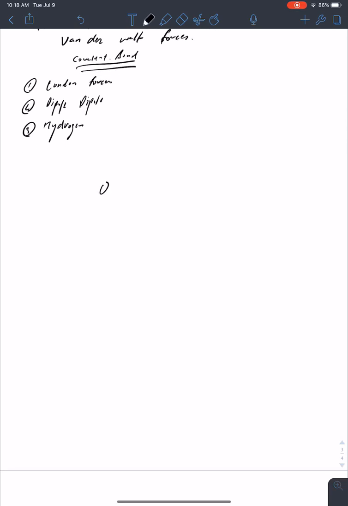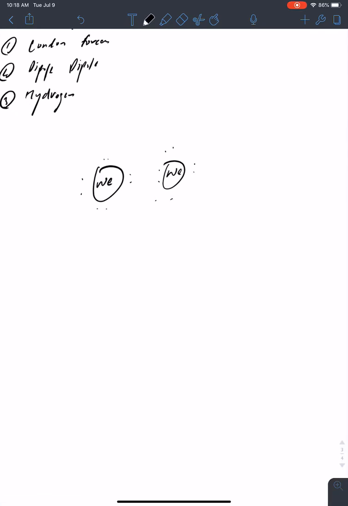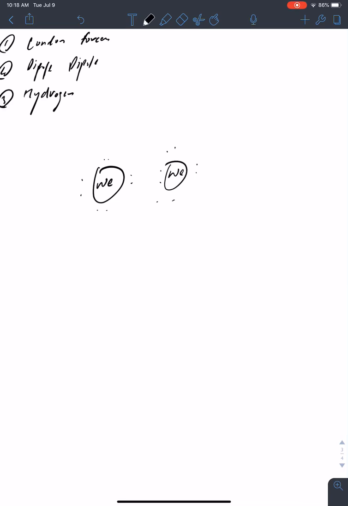So let's say there's a neon atom here. Let's say it has 1 2 3 4 5 6 7 8, 1 2 3 4 5 6 7 8. So we know that there's some probability that all these neon electrons are going to go to these orbitals here.